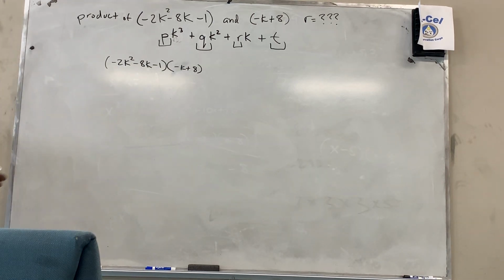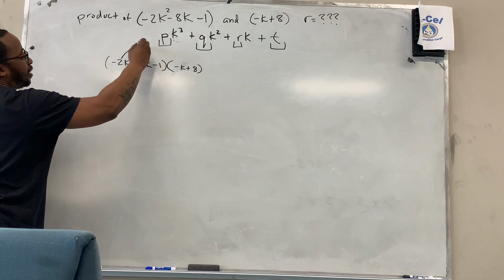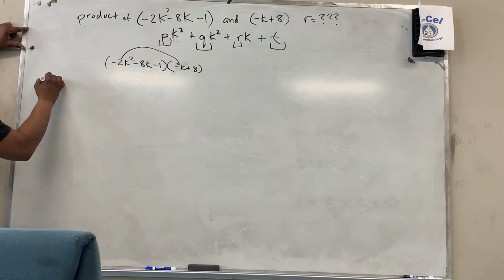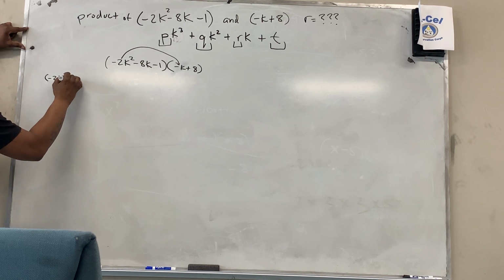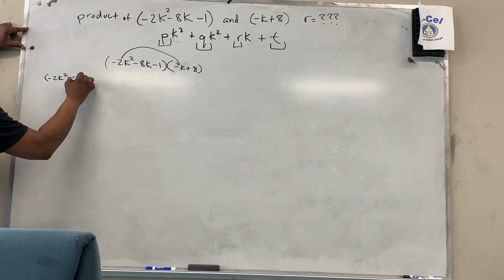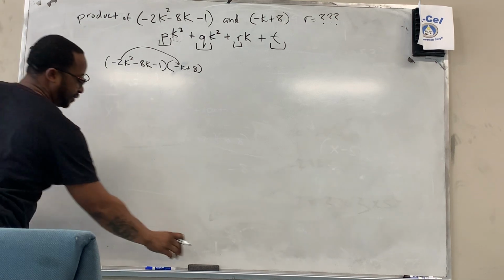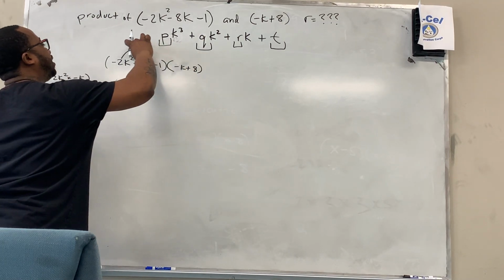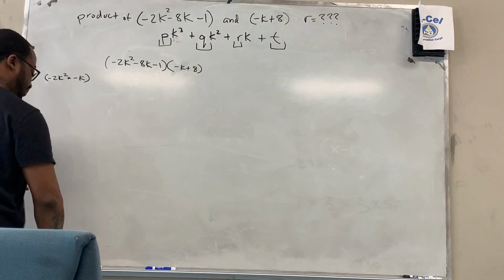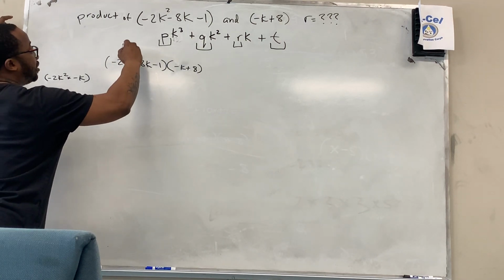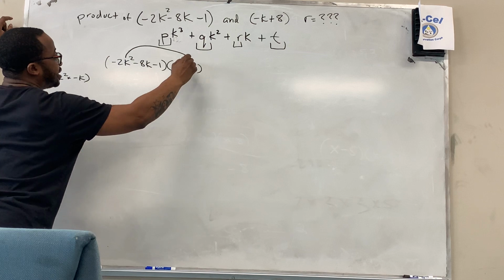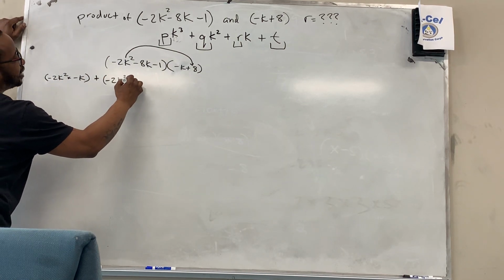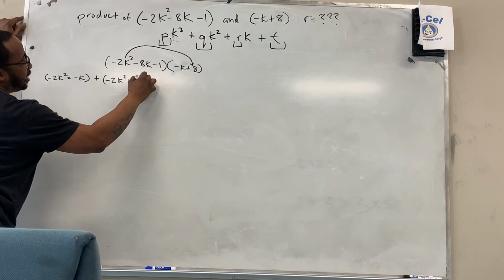Now what I'm going to do is first multiply these two. So that means I'm going to have minus 2k squared times minus k. Just so I don't get too much there, I'm going to pull this back. And then now I'm going to do the minus 2k squared times the positive 8.